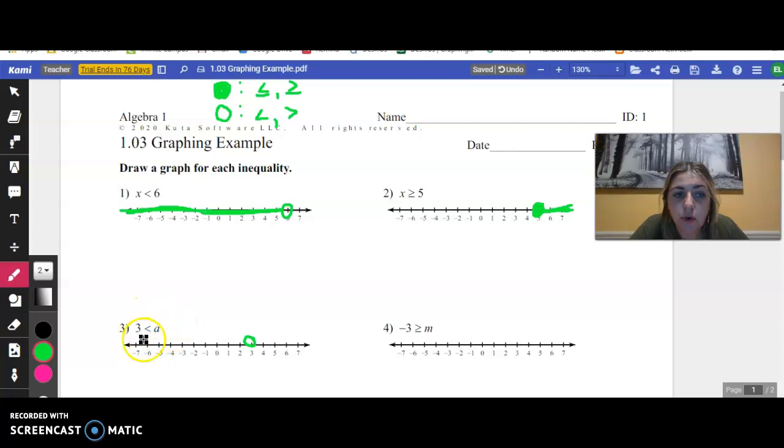Or if you want to rewrite this where A is first, if that helps you, you can, but you have to flip that sign, okay?